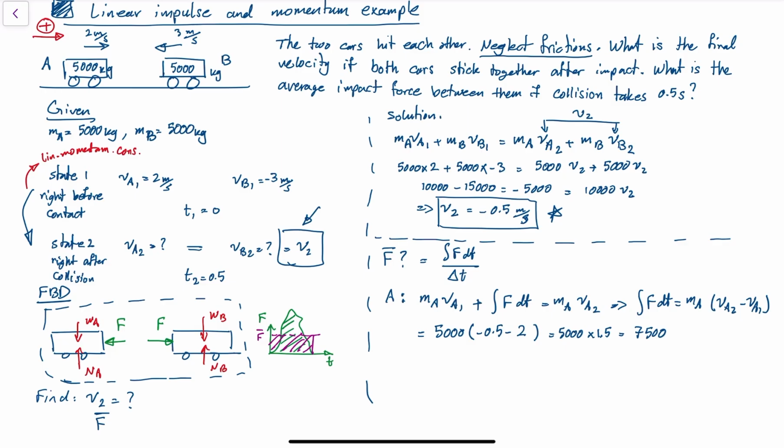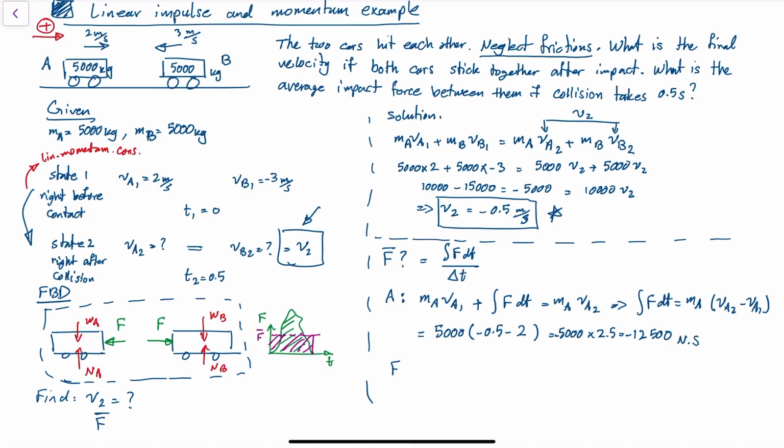So 2.5 times 5,000, and a negative sign here. That is minus 12,500. This much, I think. Let's pretend that is correct. Newton seconds.